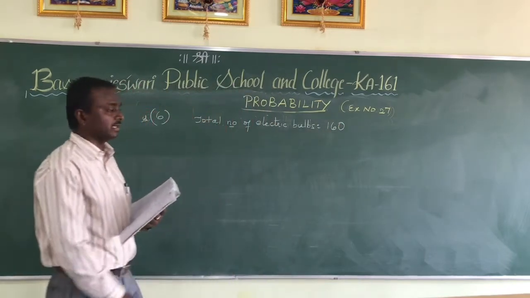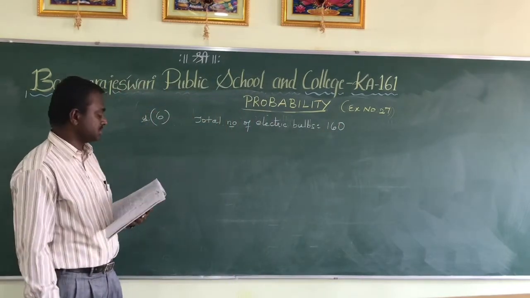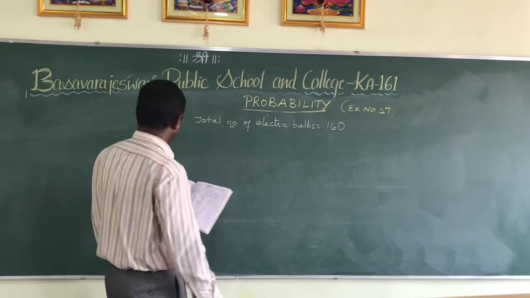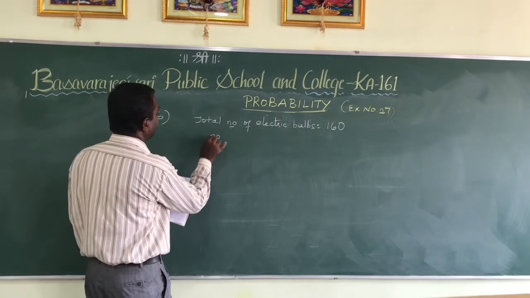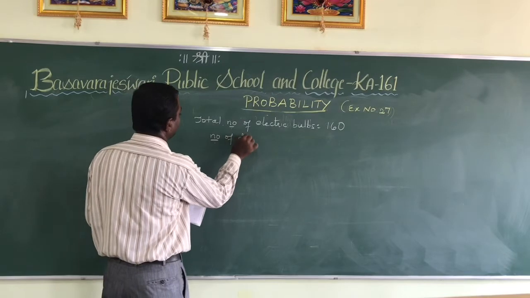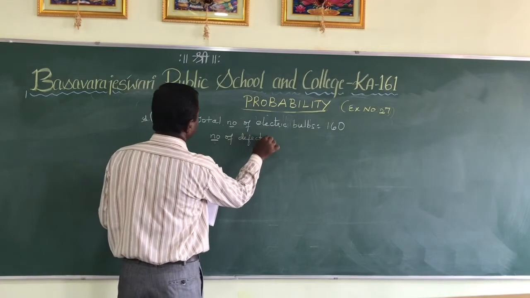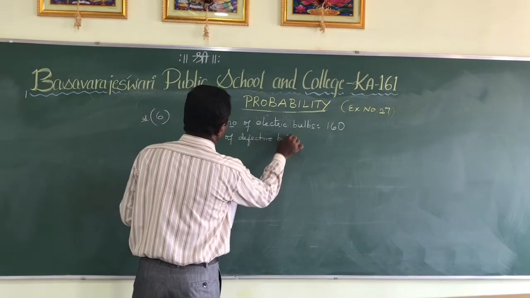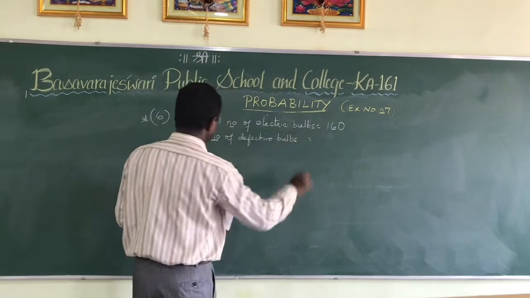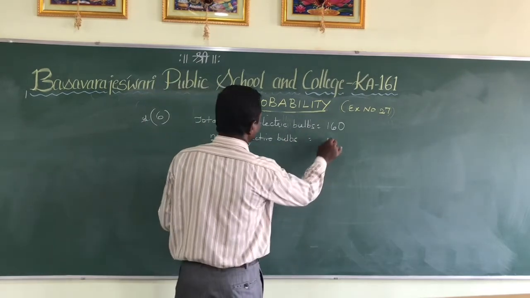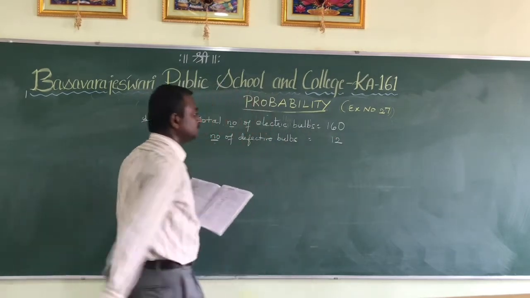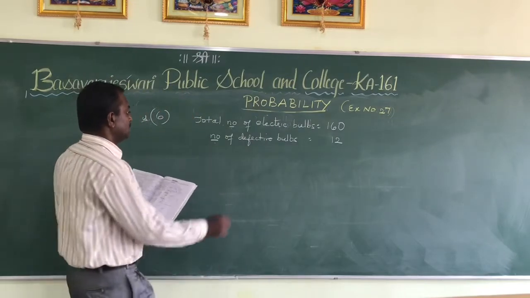Total number of electrical bulbs, 160 are there. In that, how many are defective? Number of defective bulbs. How many are there? 12 are there. Okay.